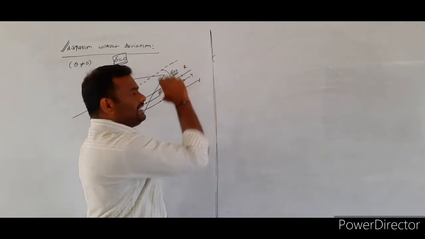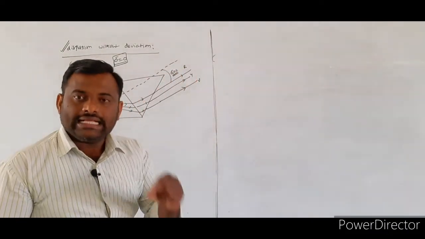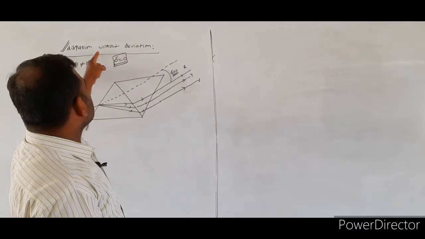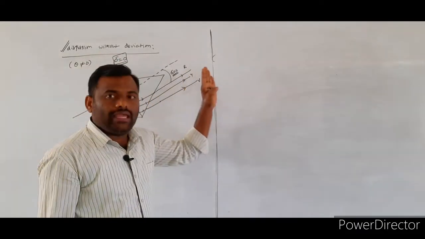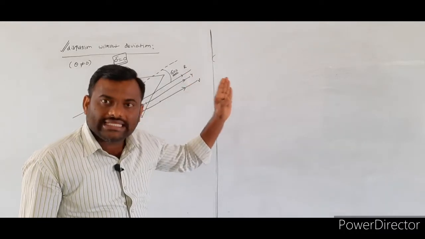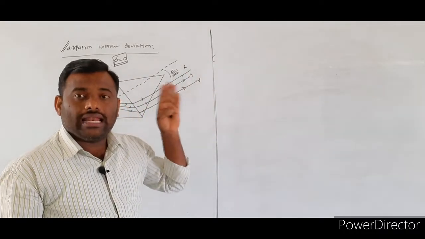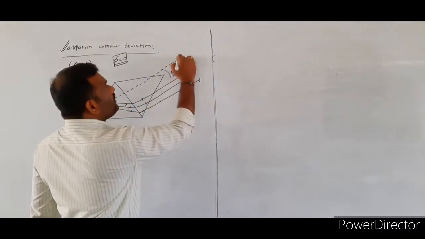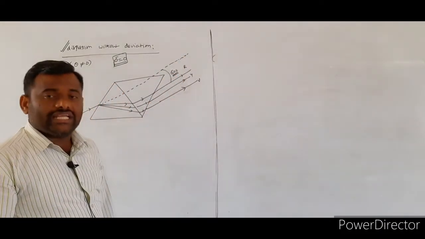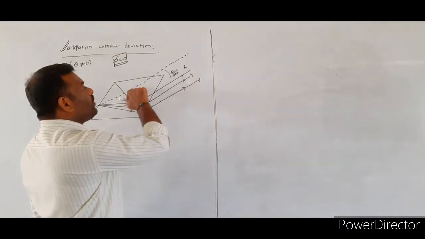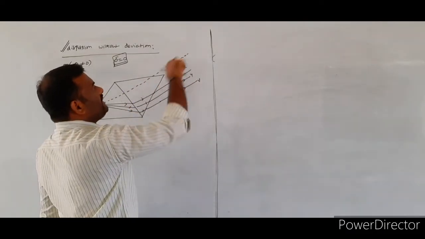That's why we are saying that the final light ray will get dispersed, and no deviation means what? Whatever final light rays are coming out, these final outcoming light rays are parallel to the direction of the incident light. So this dotted line will be indicating the direction of the incident light.